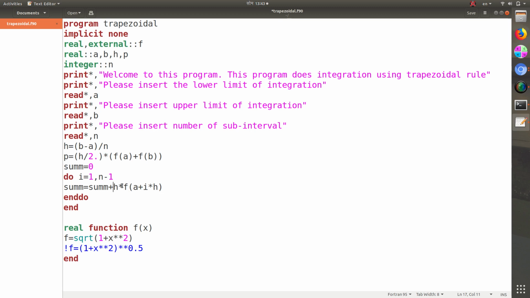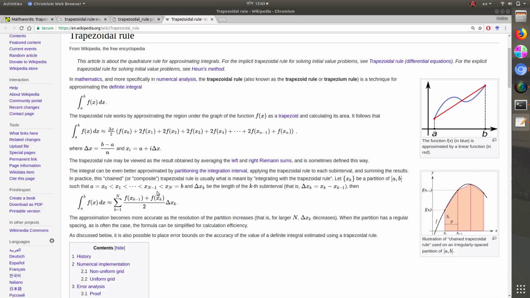In this way, up to n minus 1, the functional value multiplied by h is added, and you will get the rest of this. Okay, the rest of this when added with f of x0 plus f of xn, you will get the integration.